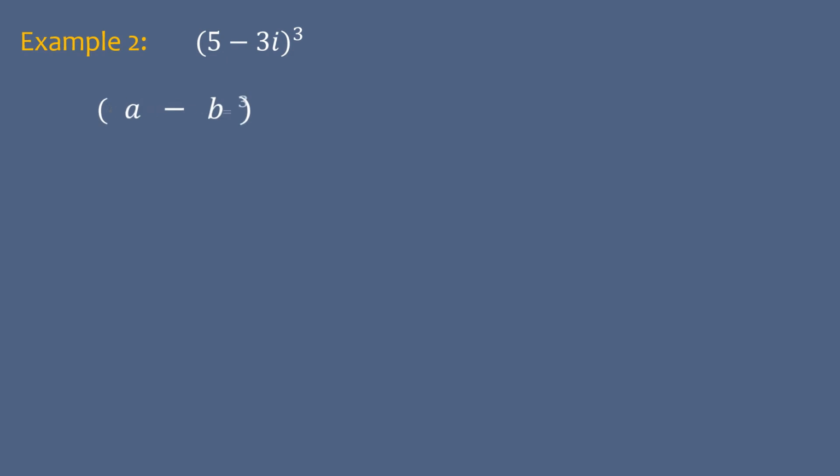What's that property? That's a minus b whole cube, which will be equal to a cube minus b cube plus 3ab square minus 3a square b. We'll be using this property because 5 minus 3i whole cube is of the form a minus b whole cube. a will be replaced by 5 and b will be replaced by 3i. So let's do it.